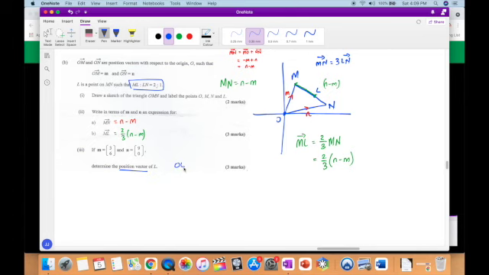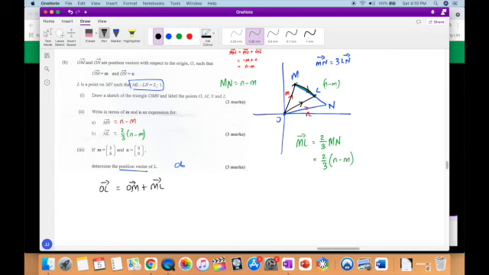So the position vector of L is OL, right? If small m is that and that is that, right? So the position vector OL is equal to OM plus ML, right? So OL is equal to OM plus ML.